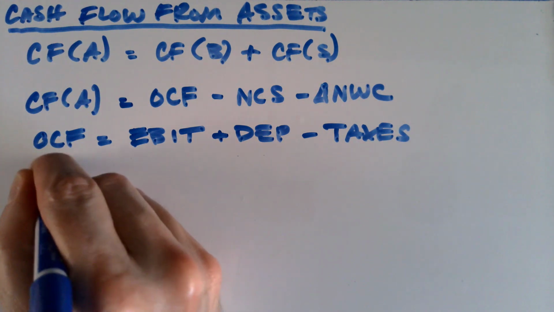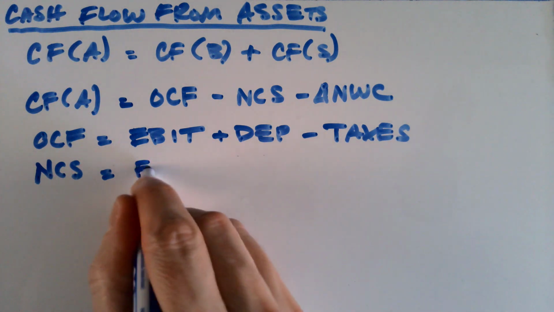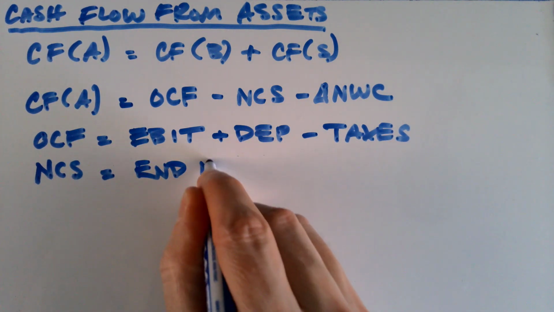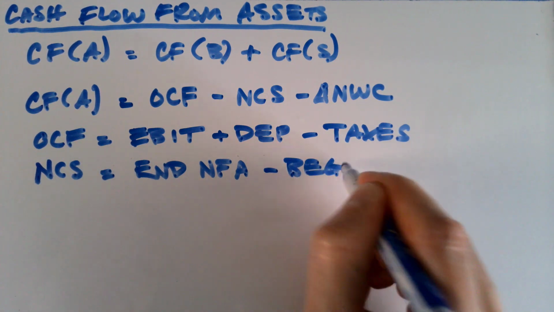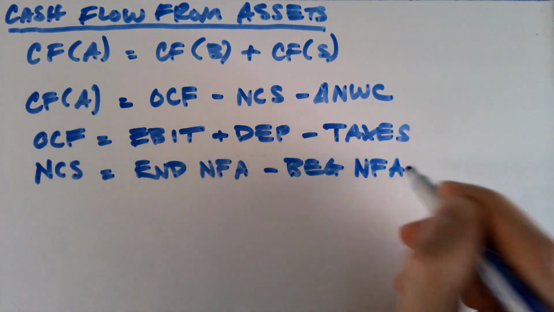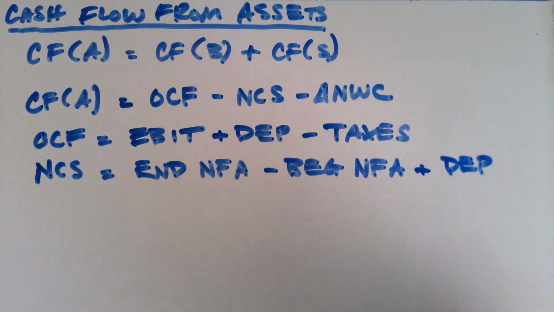What about net capital spending? Well, it is just the ending net fixed assets minus the beginning net fixed assets plus depreciation. Now, why would this be the case?